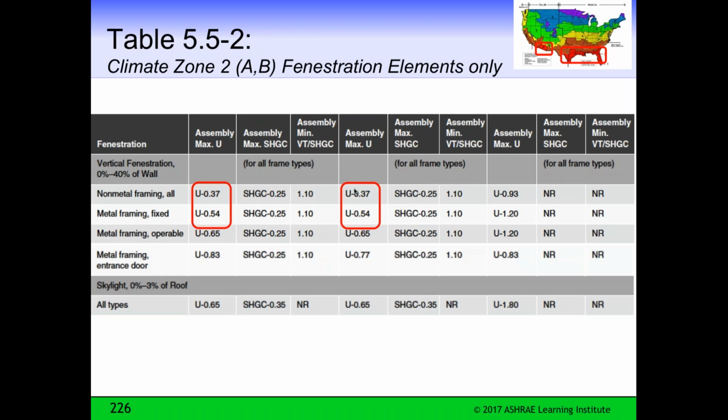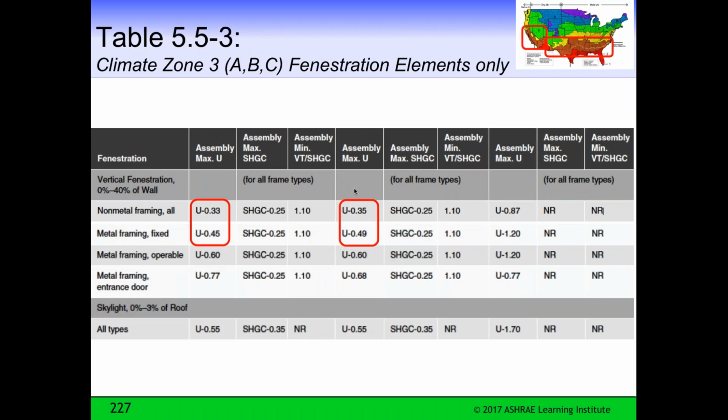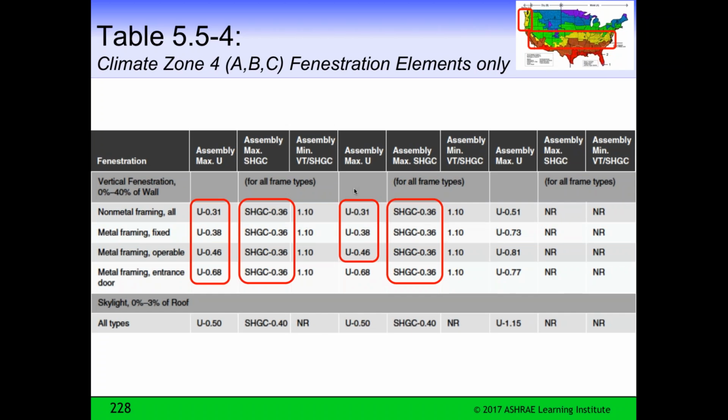Climate zone 2, U values have changed. Climate zone 3, U values have changed. Climate zone 4, U values have gotten tighter, and the SHGC has gone from 0.4 down to 0.36. And that's both for non-residential in the first two columns and residential in the middle two columns.